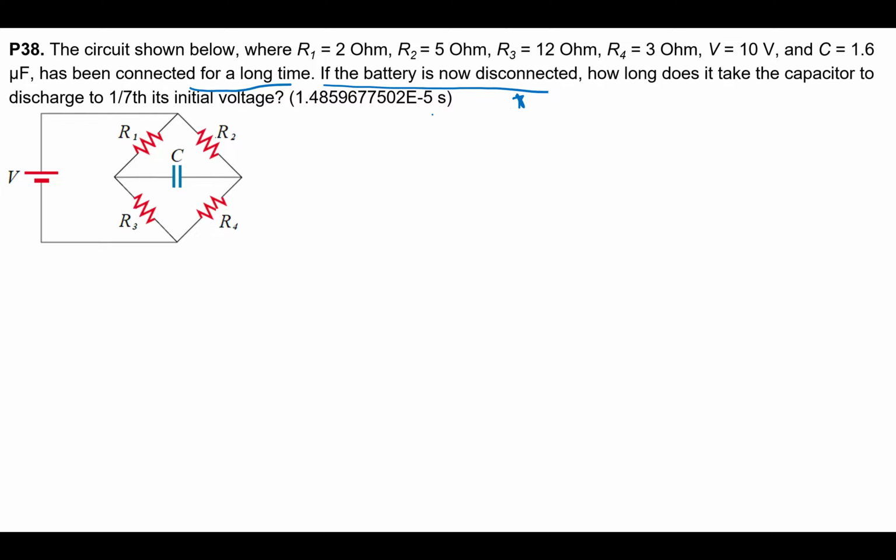That means the charge accumulated in this capacitor is now discharged, so there should be current flowing. And how long does it take the capacitor to discharge? Okay, so it charged to a maximum voltage, and then it is discharged.